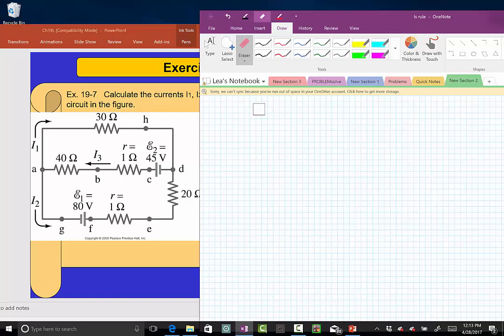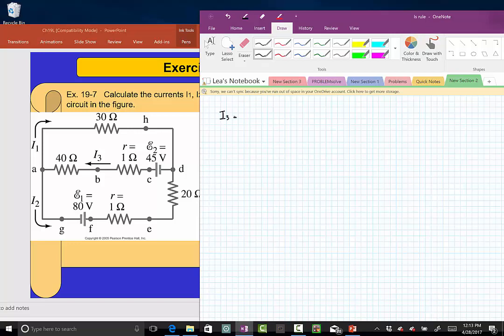The first one we already talked about is the junction rule: at any junction, the sum of all the currents entering should be equal to the sum of all the currents leaving. All right, so this one we already wrote. Let's write it again here.